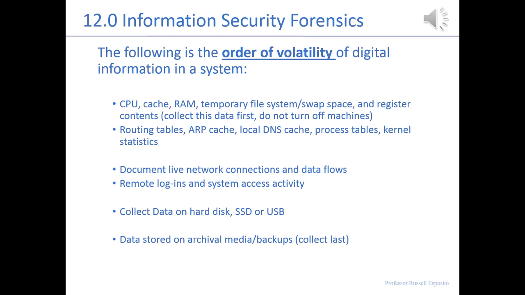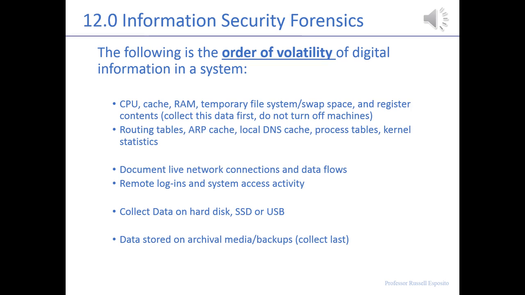But there's also usually a local DNS for the machines that are local to the intranet, the internal network within the company, and that cache needs to be examined. Any other processing tables, kernel statistics, that's all volatile information. Capture that first.